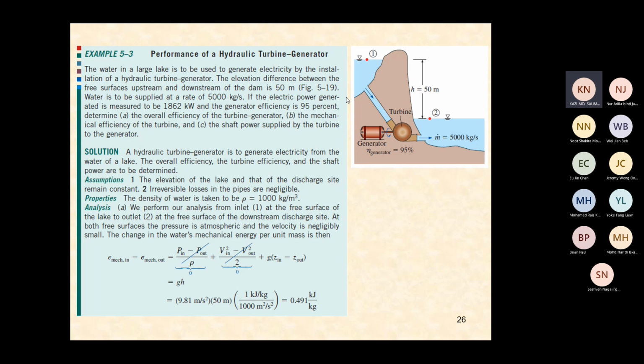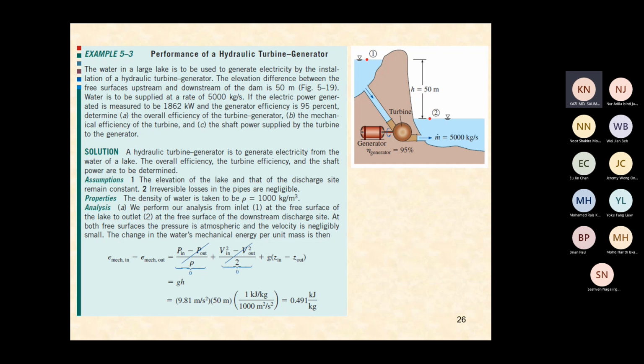With it, we can see here there is no velocity, so this part is 0, and there is no pressure difference here and there because they are at the same atmospheric pressure. This part is also 0. Then Z in minus Z out is equal to H. So we get g into H there.